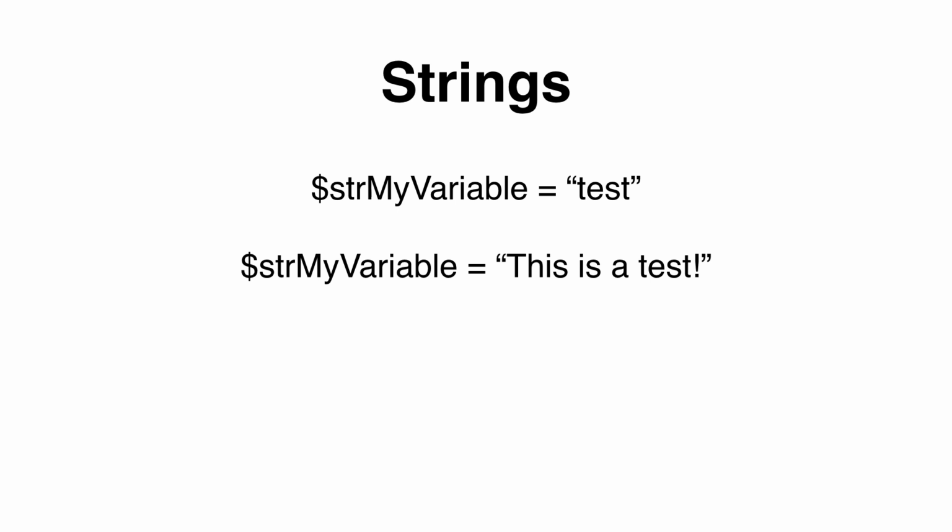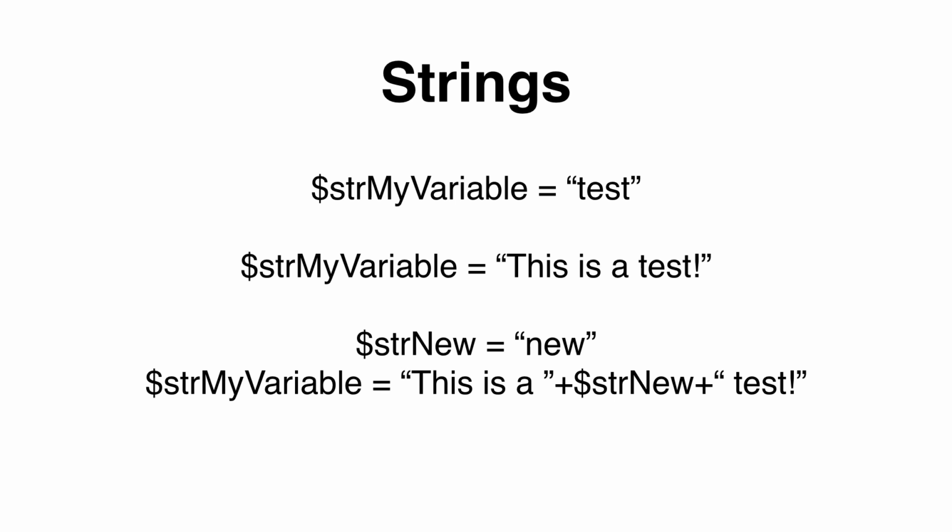If we would like to overwrite that variable, we can just call the variable name again and assign something different to that. In this case, this is a test. It's going to overwrite the word test that we had in that variable beforehand. If we want to add something to the variable, we can assign a new variable.